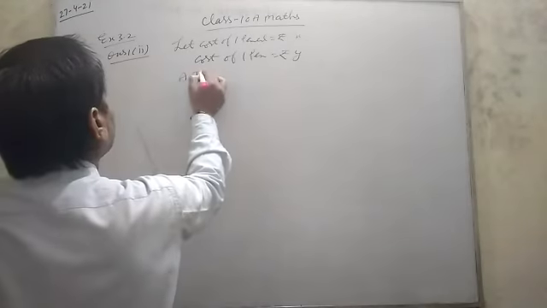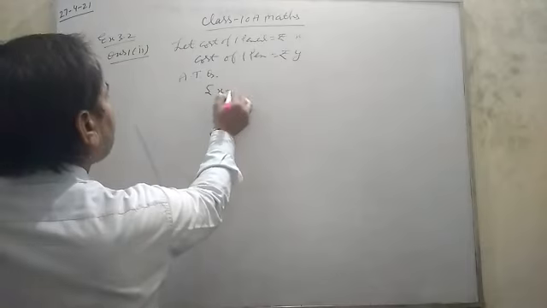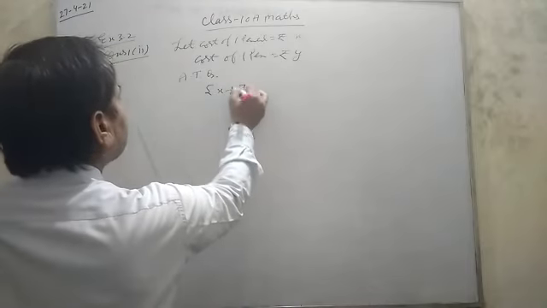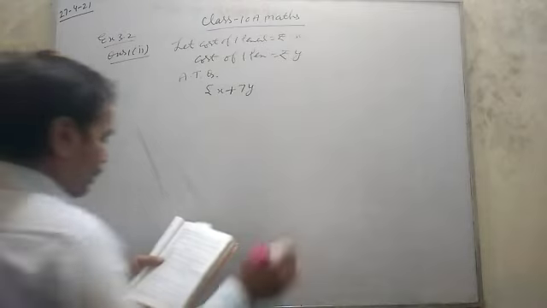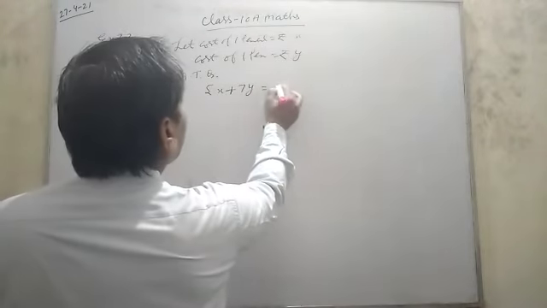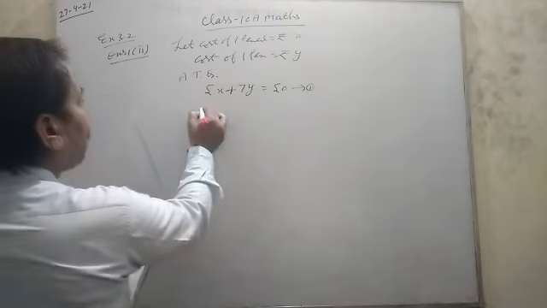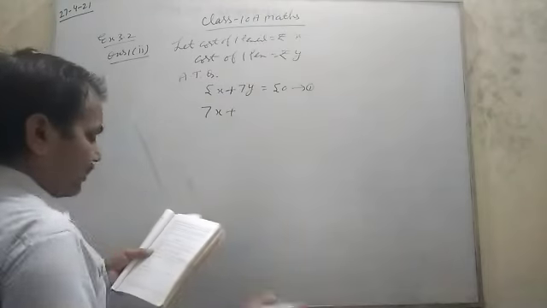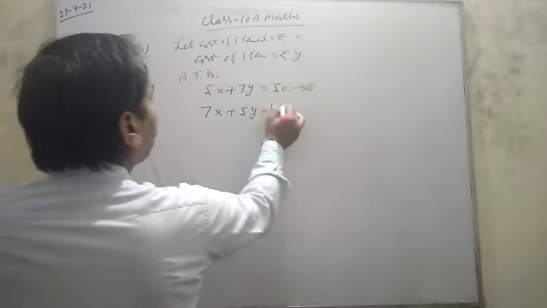So according to the question, 5 pencils means 5x plus 7 pens means 7y, and total rupees 50. Second: 7 pencils, so 7x plus 5 pens, 5y, is equal to 46.